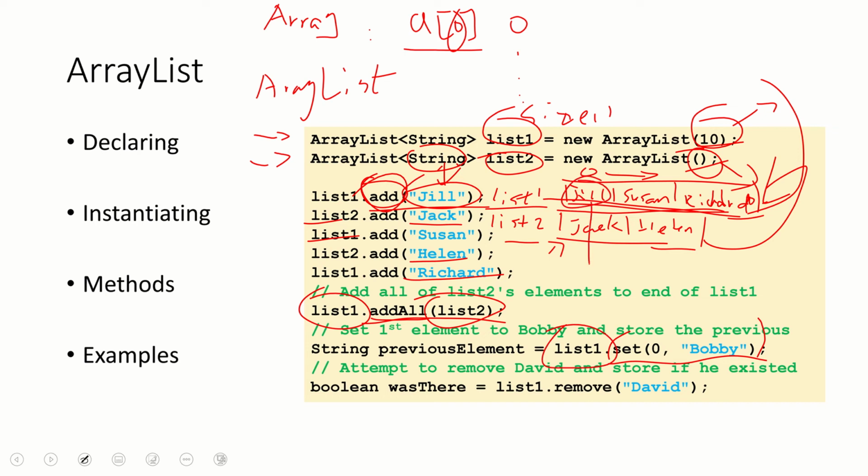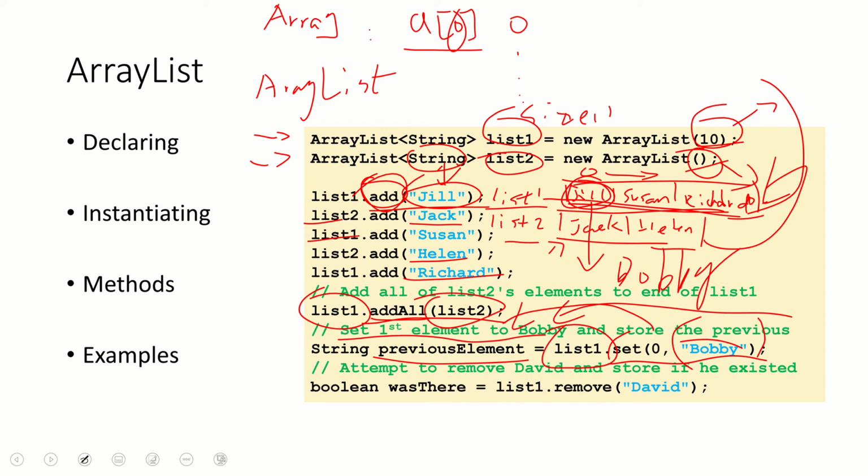So we want Jail to become Bobby, and it returns Jail. Okay, so this means for the first element we set Bobby, and the one we just replaced, the previous element, is what gets returned.